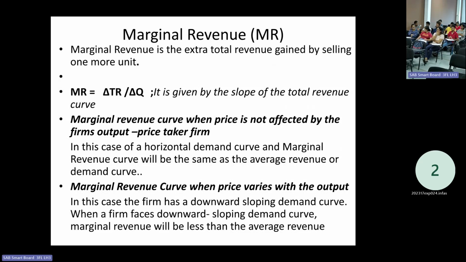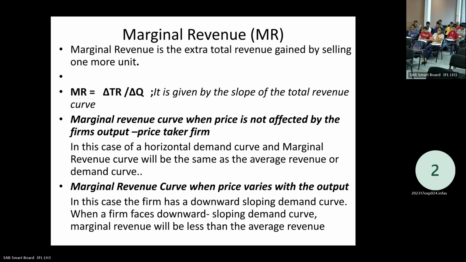So the slope is constant, right? Is it correct? Slope is constant because price is constant. Only the quantity can be varied.